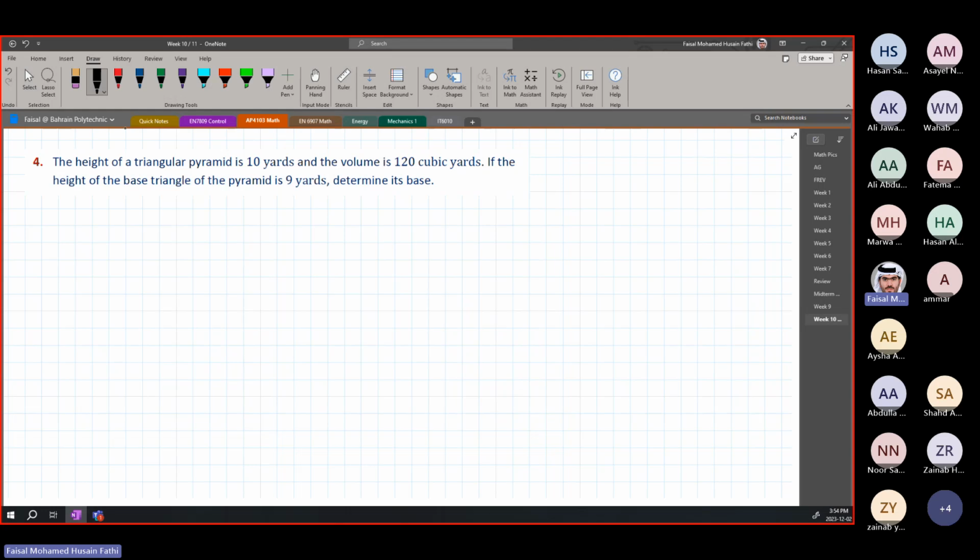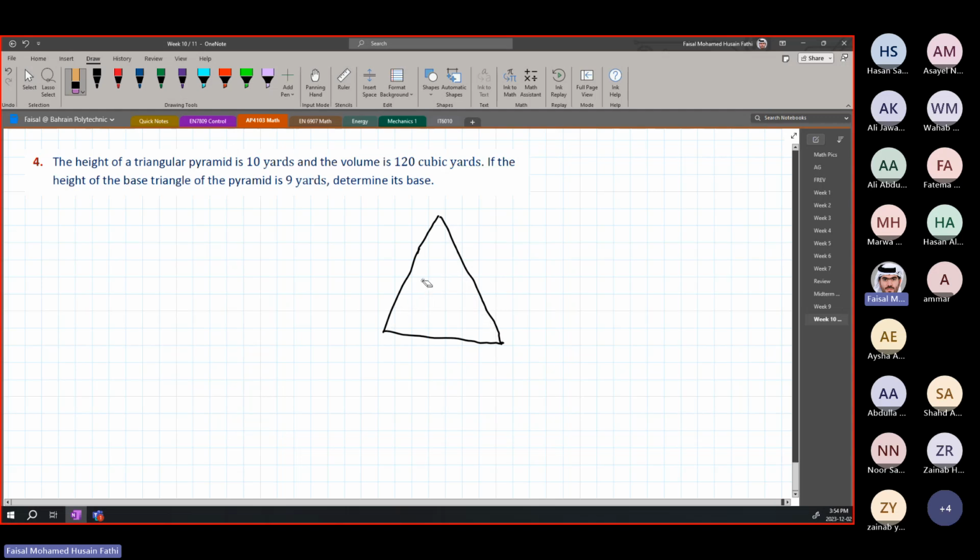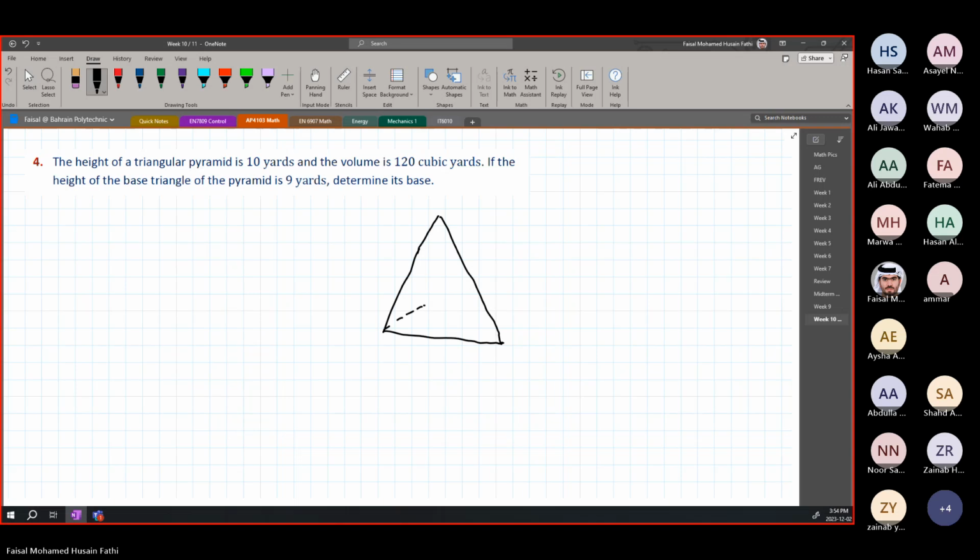Triangular pyramid شو يعني؟ Triangular pyramid معناته عندي مثلث. زين. It will look something like this تقريبا يعني. Something like that. Okay. Just to make it look a bit better, I'm gonna erase this shape inside here, and I'm gonna do it dotted. So a triangular pyramid like this.